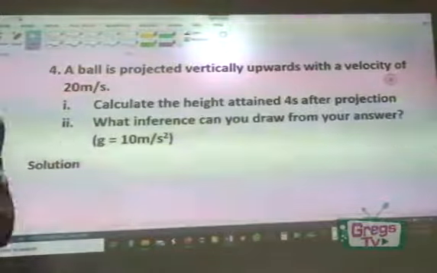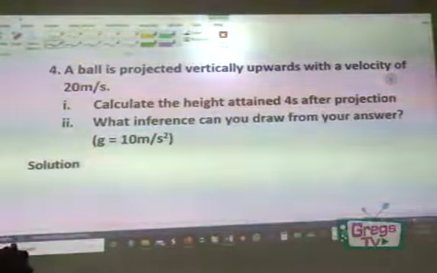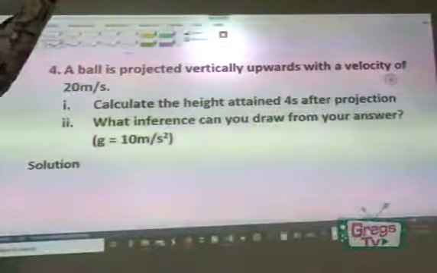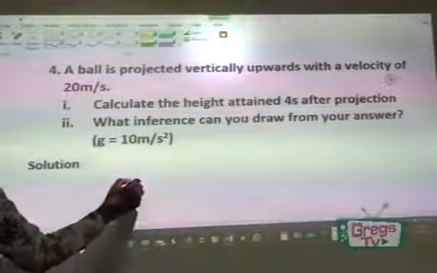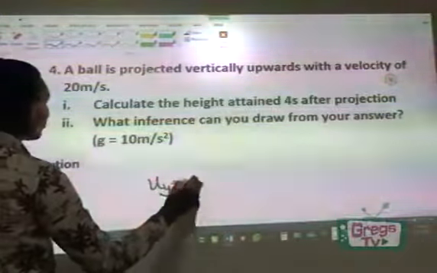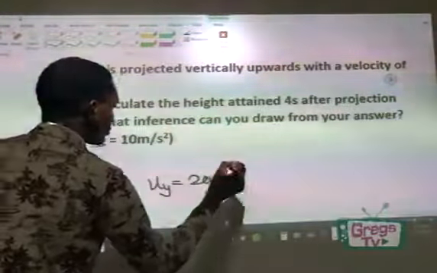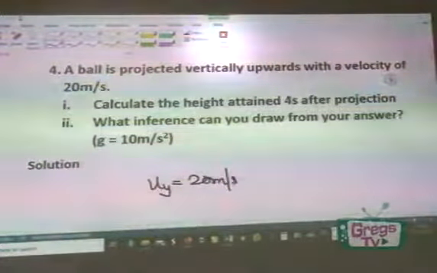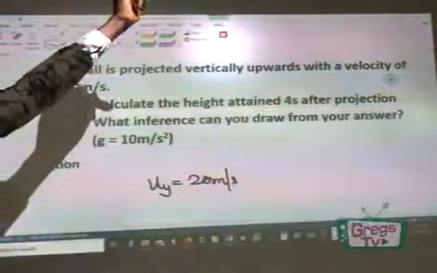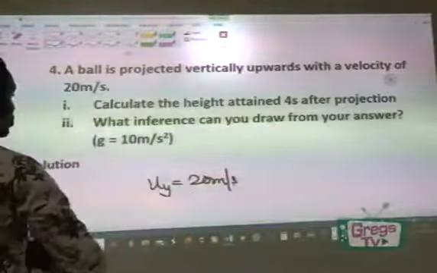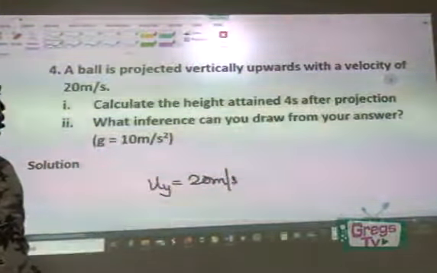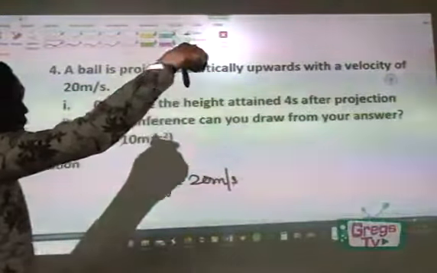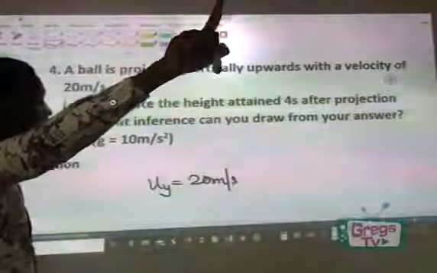Question 4. A ball is projected vertically upwards with a velocity of 20. So vertically upwards means I have my uy to be 20 meters per second. Now calculate the height attained 4 seconds after projection. The height attained will be in the direction of the vertical component of its speed. Since the body is moving up, the acceleration due to gravity is negative.